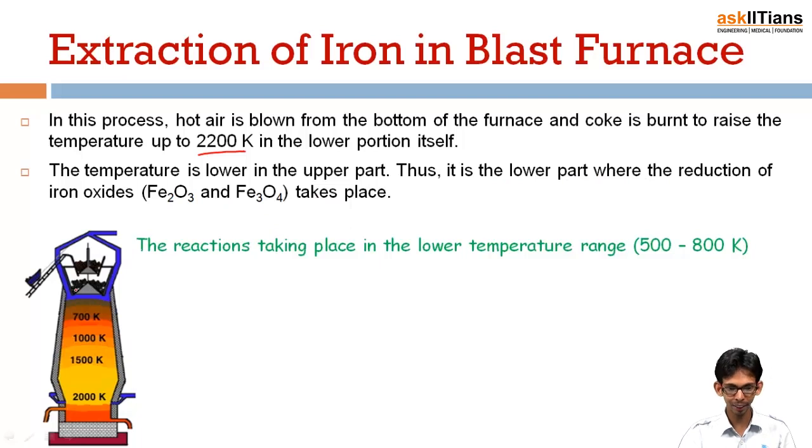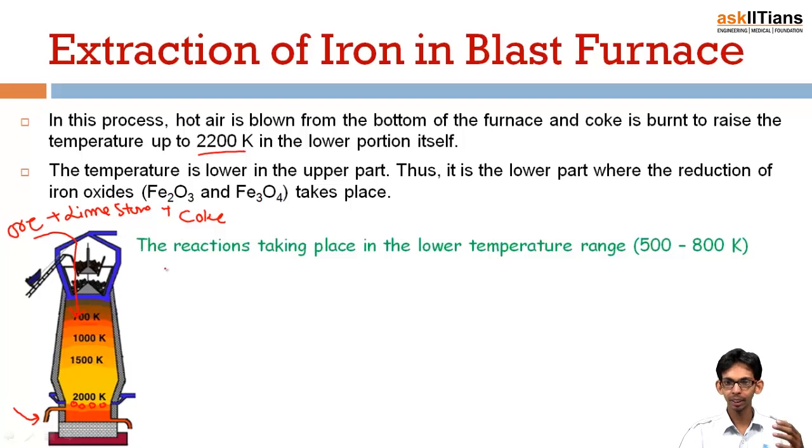Okay, so this is the structure of our blast furnace. We pass hot air to the lower portion to burn the coke present in it, and the ore plus limestone plus some coke is added into the furnace from the top.